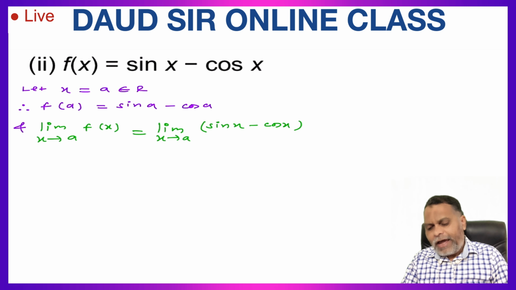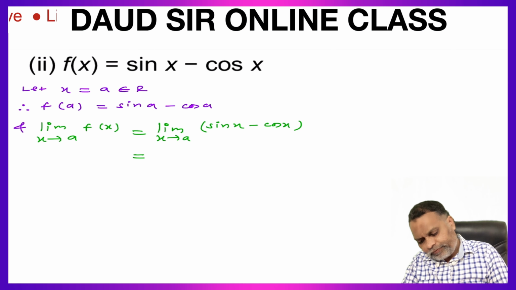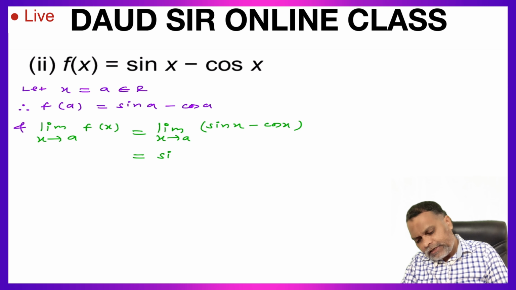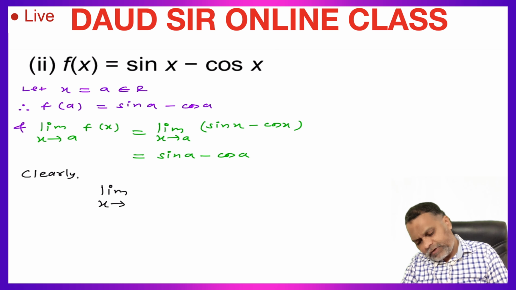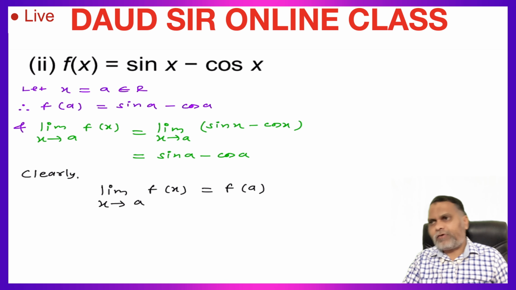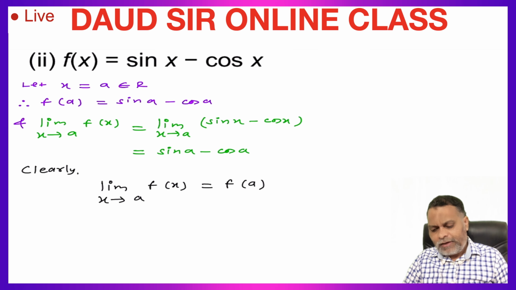This x is equal to a and a is any real number, so we can put directly x is equal to a, sin a minus cos a. So clearly, the limit of function at x is equal to a is equal to the value of function at x is equal to a, which is sin a minus cos a.